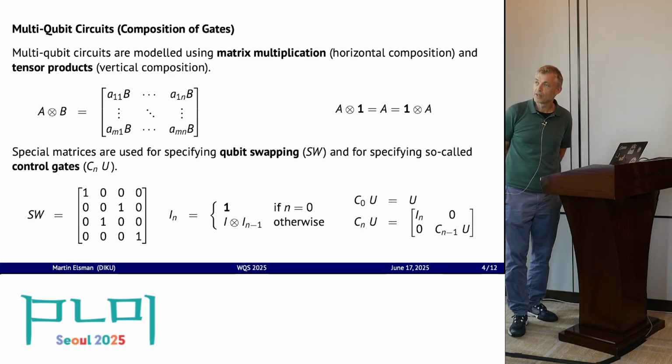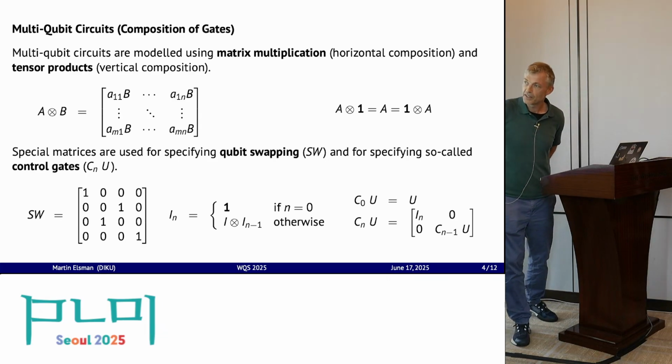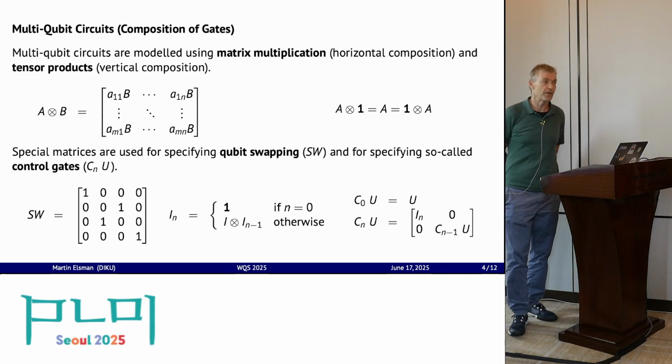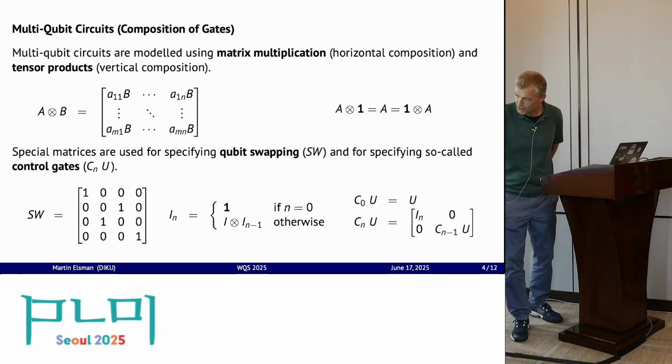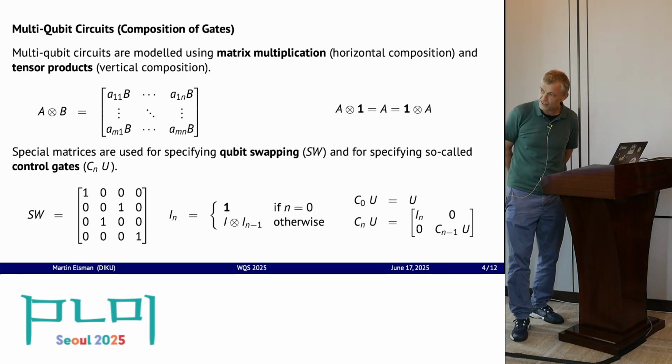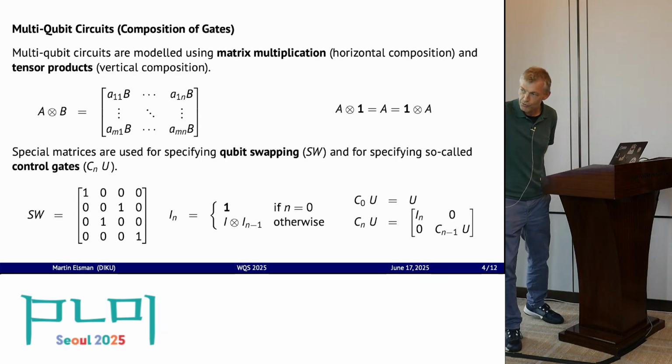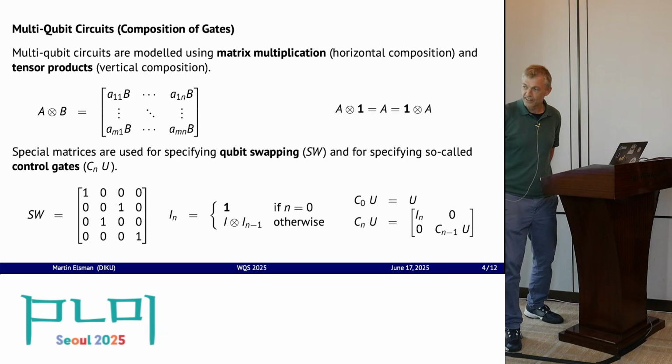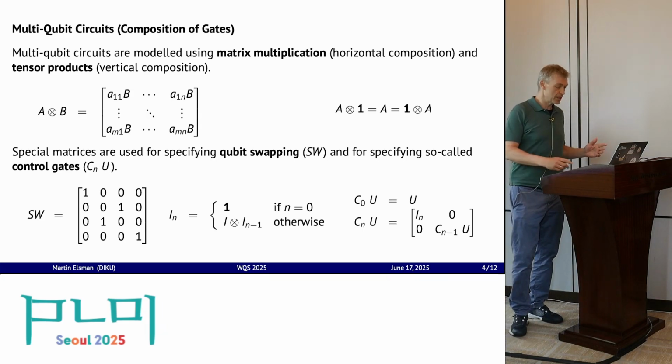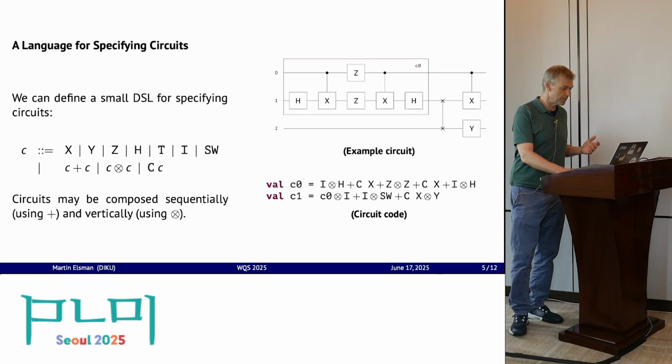There's an identity element, and then we also have special matrices used for specifying qubit swapping and for specifying these so-called control gates. They can be specified also using block notation. We see the swap gate over here, and so on. So this is the foundation for specifying the semantics of circuits.